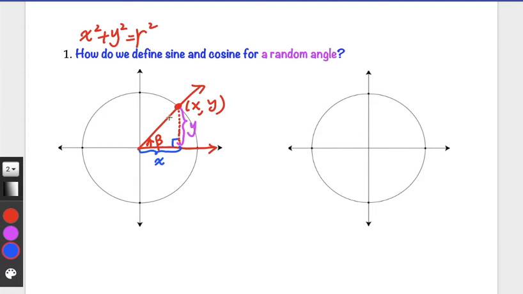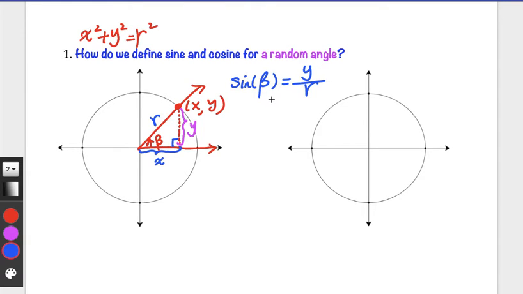And in this case, the hypotenuse happens to be our radius. So sine beta, again, I can use any letter to name this angle, I just use a Greek letter, is defined as the opposite side, which is y, over the hypotenuse r. And that's it. That's our definition of sine for a random angle.